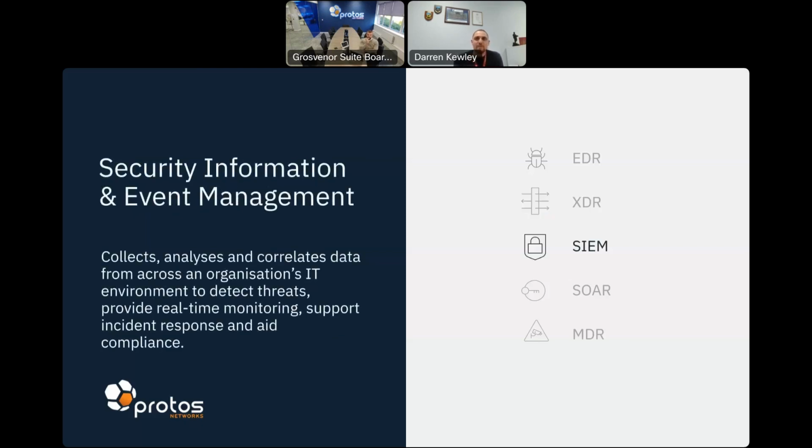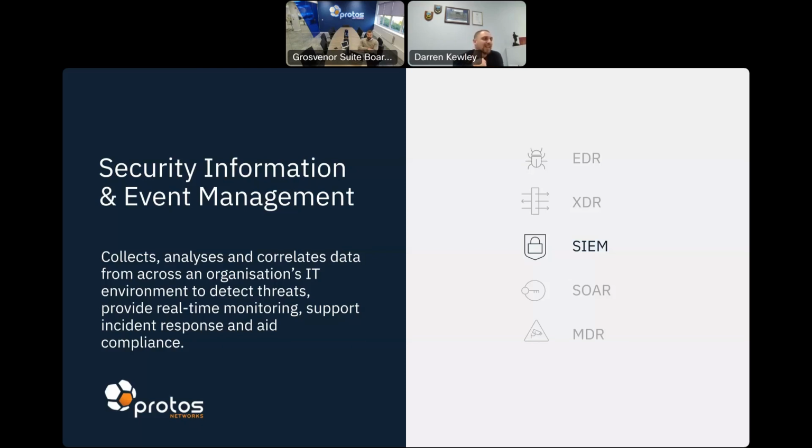Then going back many years, SOCs have had SIEMs, security information and event management. Now as I'm going through this, you might think, oh, that overlaps a bit with the previous thing. And you're right, that is right. A lot of this stuff does overlap, and this is why it's so confusing.